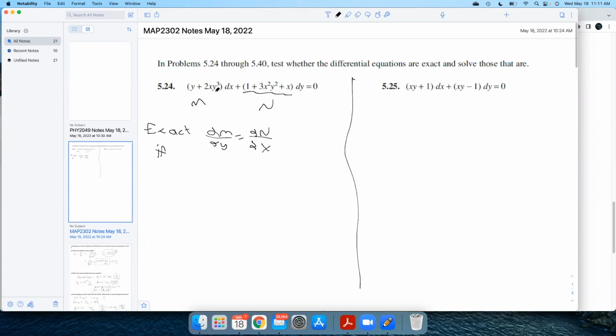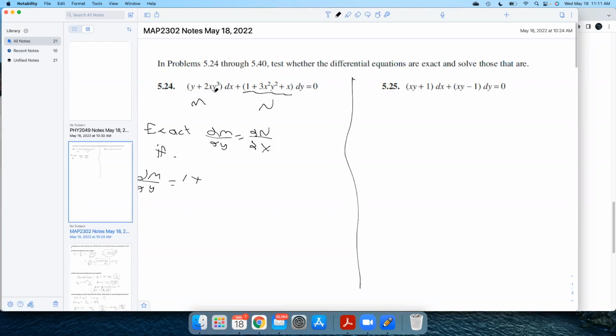Let's check. For this one, we want the derivative with respect to y. We're treating x as a constant. So partial M partial y. The derivative of y with respect to y is 1. The derivative of x, that's just a constant, will just come along for the ride.